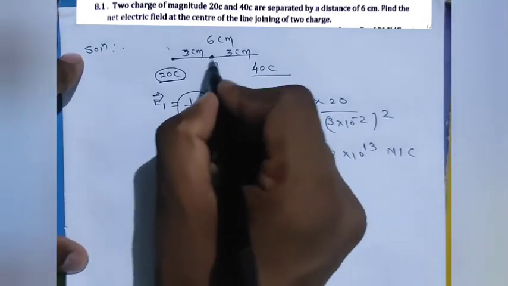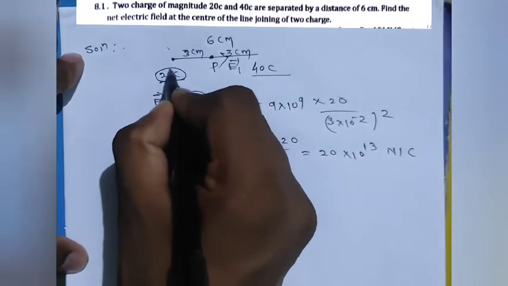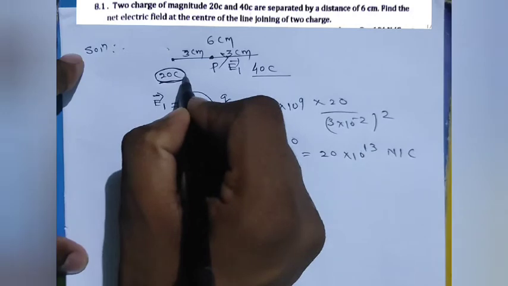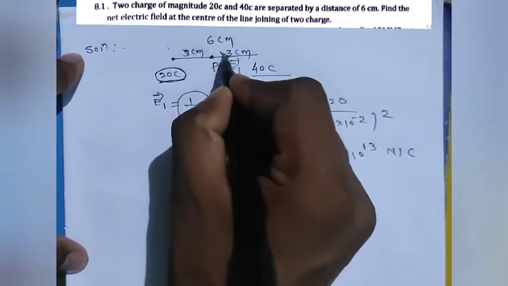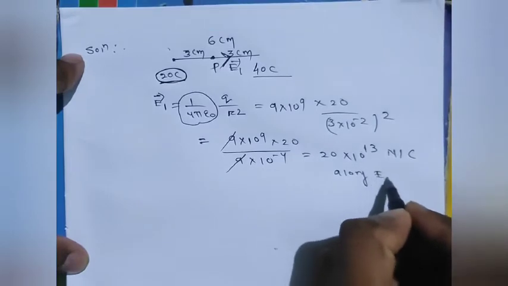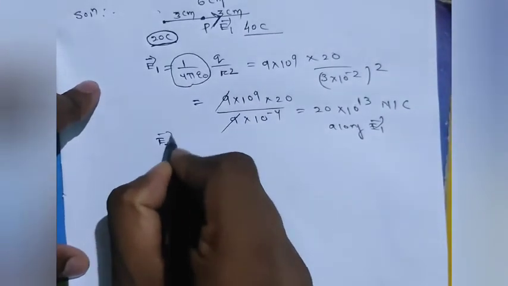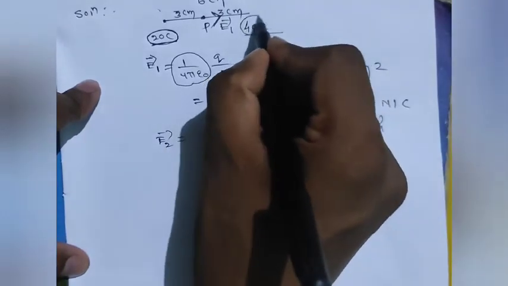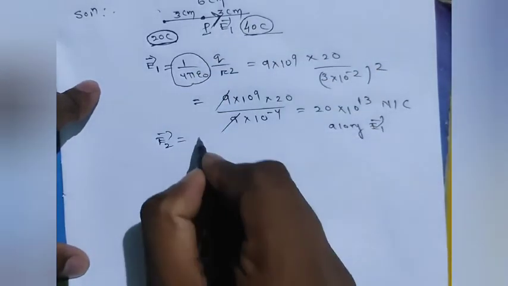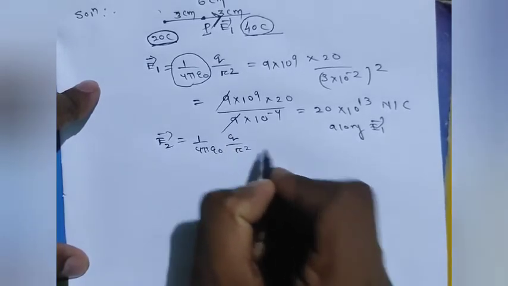It will be directed along this direction because 20 coulomb is a positive charge, and for positive charges the electric field will be outward, so along E1. Now I shall calculate the electric field E2, that is due to the 40 coulomb charge at the point P. That will be 1 by 4 pi epsilon Q by R square.